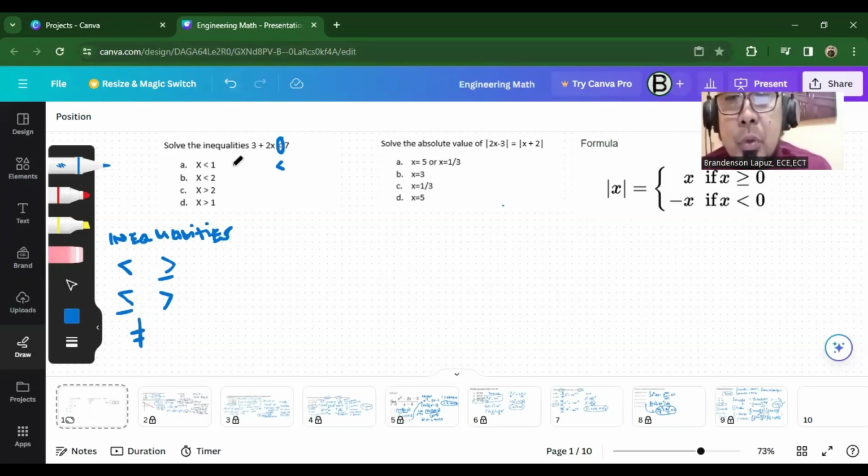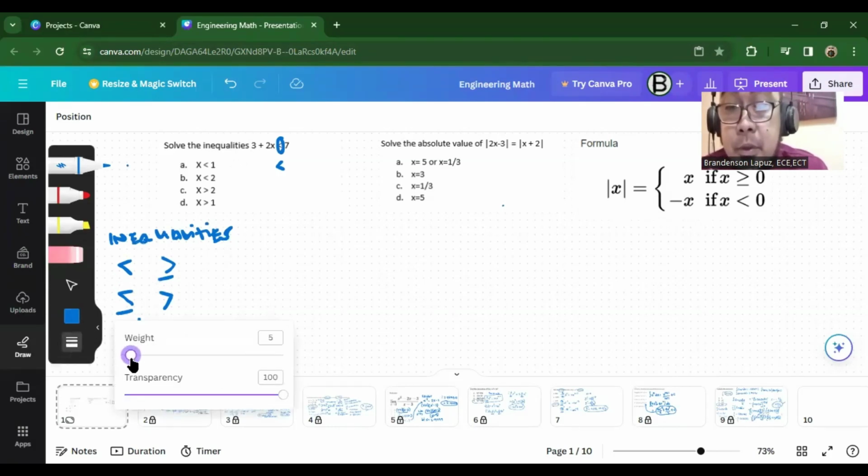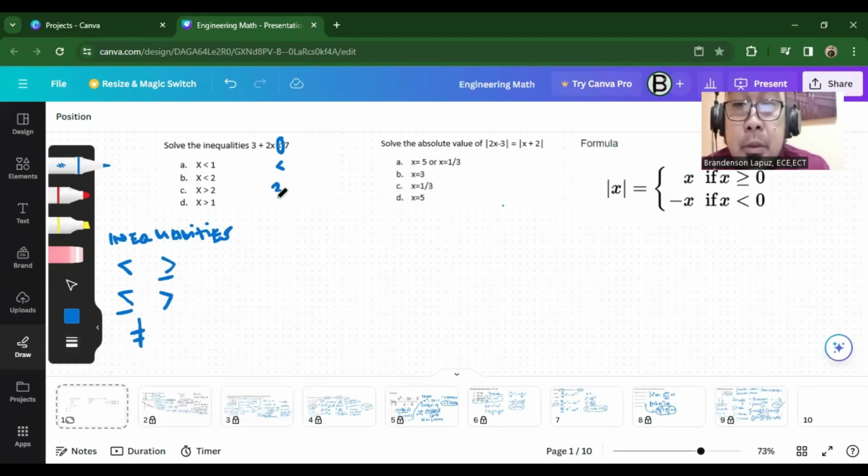So to solve this problem, I'll just move it a little bit. Now I will rewrite this problem: 3 plus 2x less than 7. For us to solve this problem, we treat this one as an imaginary equal sign. How will you simplify this problem?